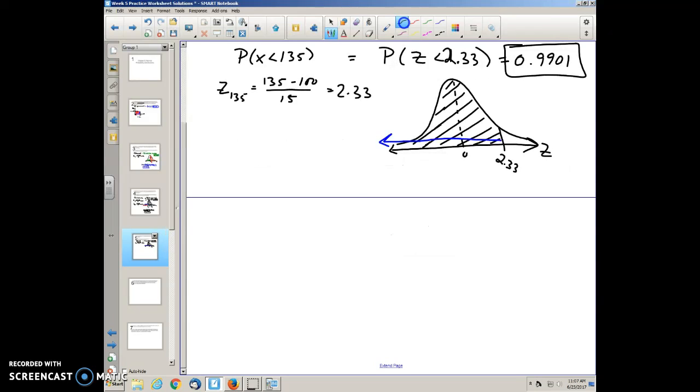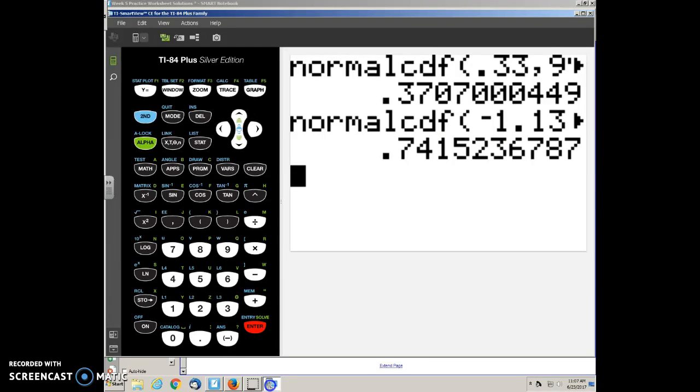If you're going to use the calculator, you're going to do normal CDF. The lower limit is negative infinity, but we're going to write negative 99,999. The upper limit is 2.33. We're working with a mean of 0 and a standard deviation of 1. So we go to our calculator.